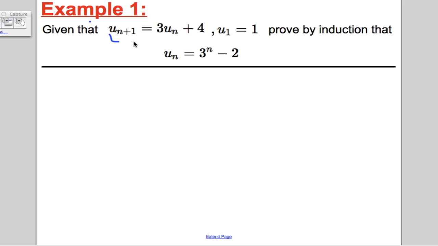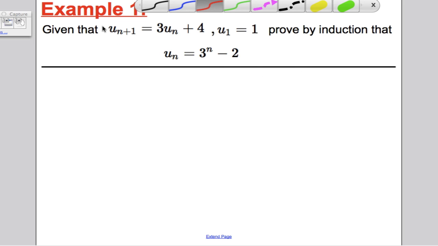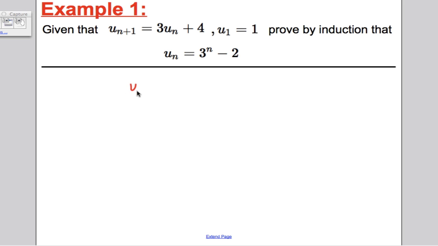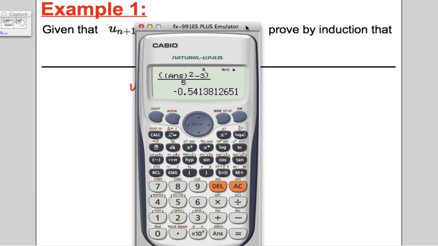Now, this is the relationship, and we want to show that the general term, the nth term, is given by this formula here. So before we launch into it, let's just see what is going on with this sequence. If u1 is 1, we could actually get our calculator to do this for us nice and neatly.